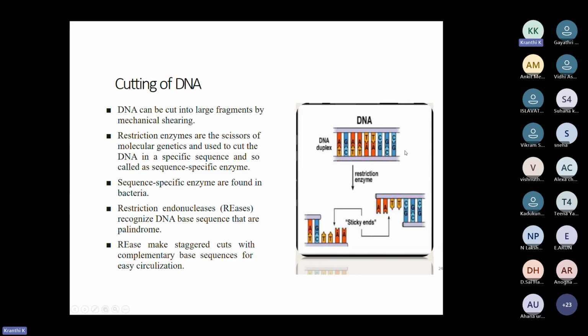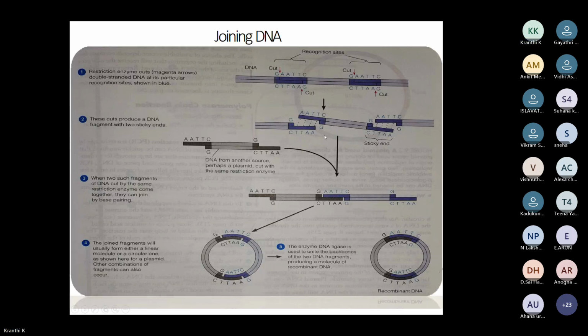See, you're cutting this DNA with a restriction endonuclease so that it becomes sticky ends like this. See this example. This is a DNA part. You're cutting this one. Sticky ends came. See, these are the sticky ends. Then remove this part. Only take this one.